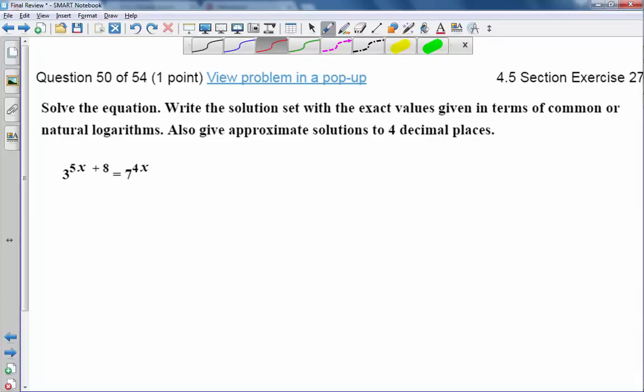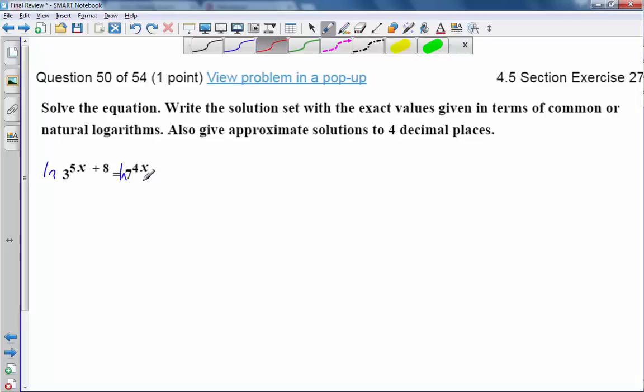But which base are you going to choose? Since you have two different bases, they don't match. You can pick 3, 7, or something else, like ln. I like ln better because calculators can compute ln, even basic ones have that button. So put ln on both sides.